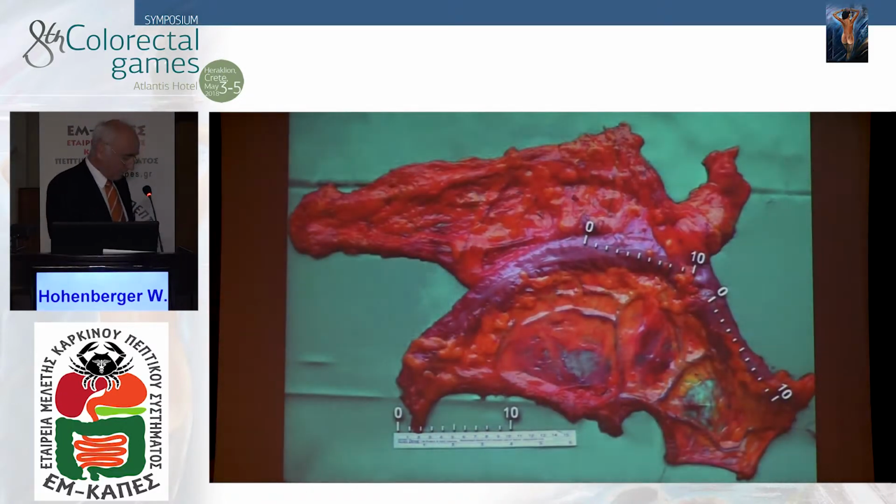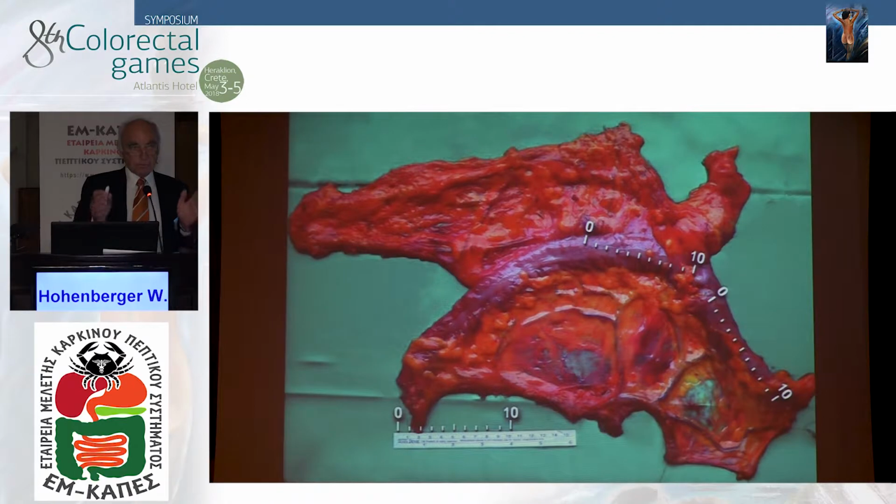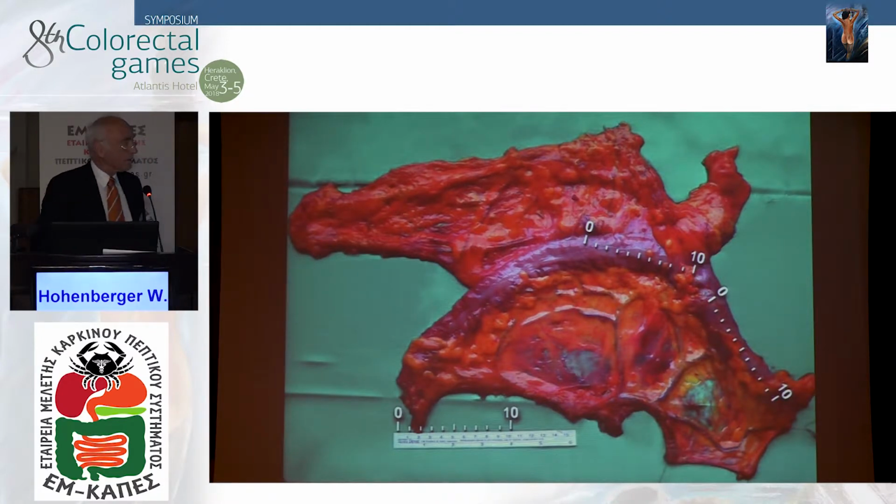Finally, this may result in a specimen like that. Splenic flexure carcinoma, 10 centimeters to either side. The Japanese would cut wide here, and I always included the next arcade to be sure that the entire field is cleaned. This has no disadvantage at all. Whether you do a segmental resection or a more extended one, there's no impact on function, nothing, and not even on complications.